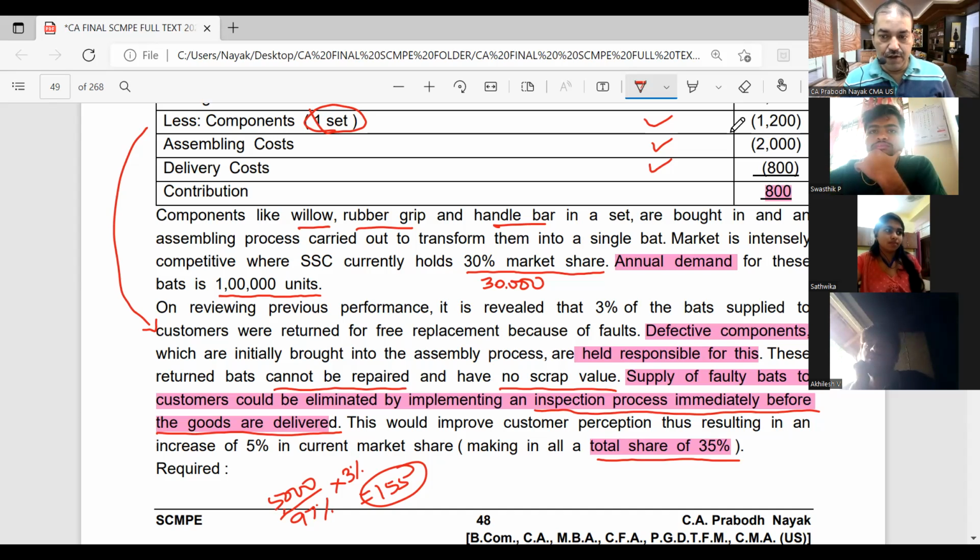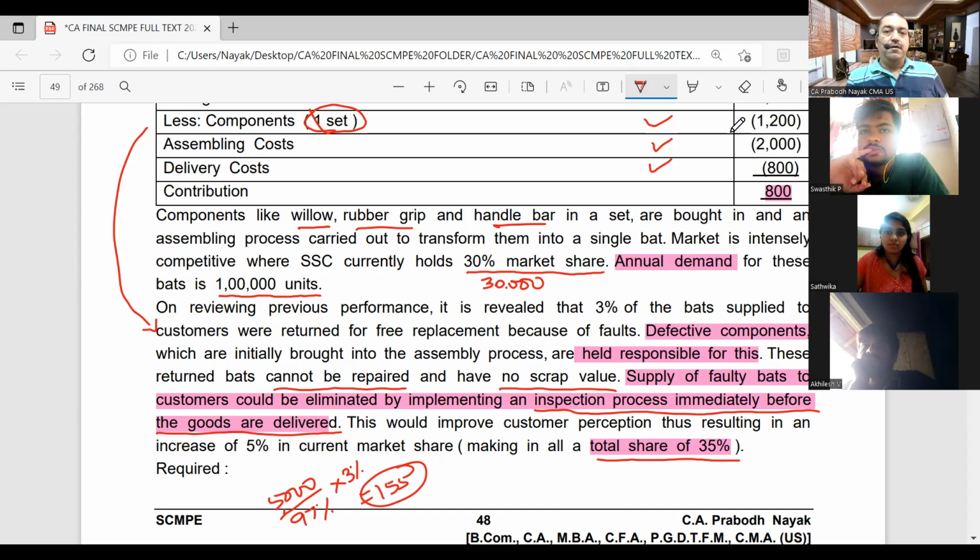Yes, Swastik, tell me, what is the cost of 155 bags found to be defective? Sir, I got 6,20,000 because of all the costs. Sorry, excluding that 800 rupees we have to add 2,000 into 155. So how much are you getting? 3 lakh 10,000.